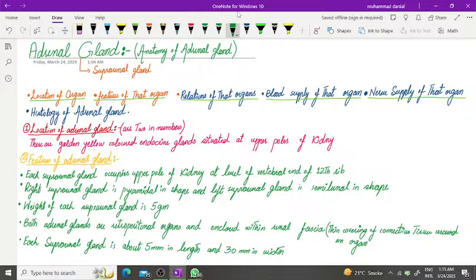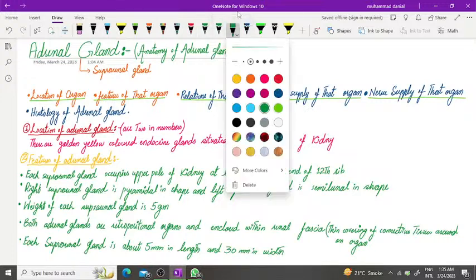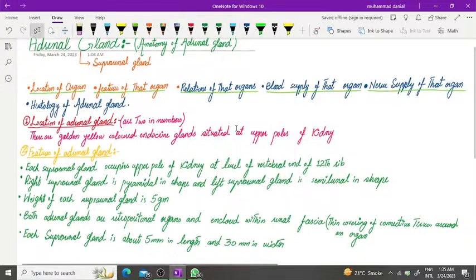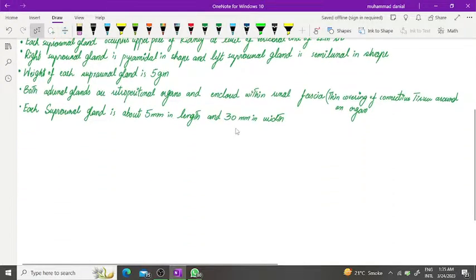Now I will be discussing the blood supply of the adrenal gland, the third heading.